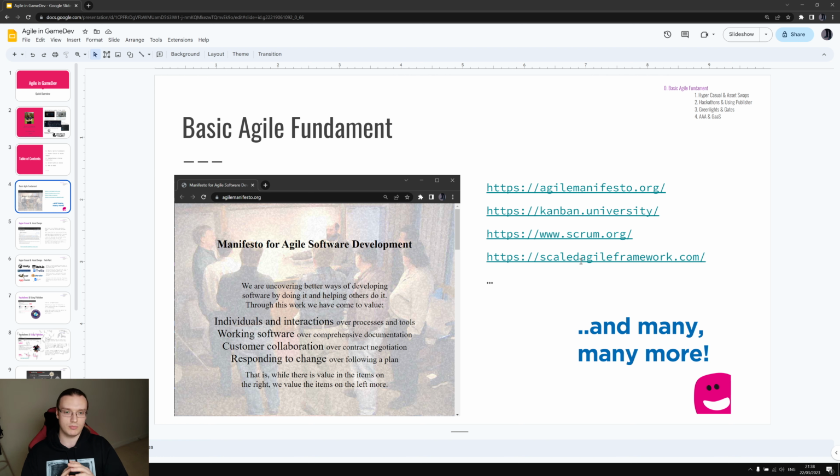There are many more, but these are the four main sources of truth if we are talking about Agile development in game dev.